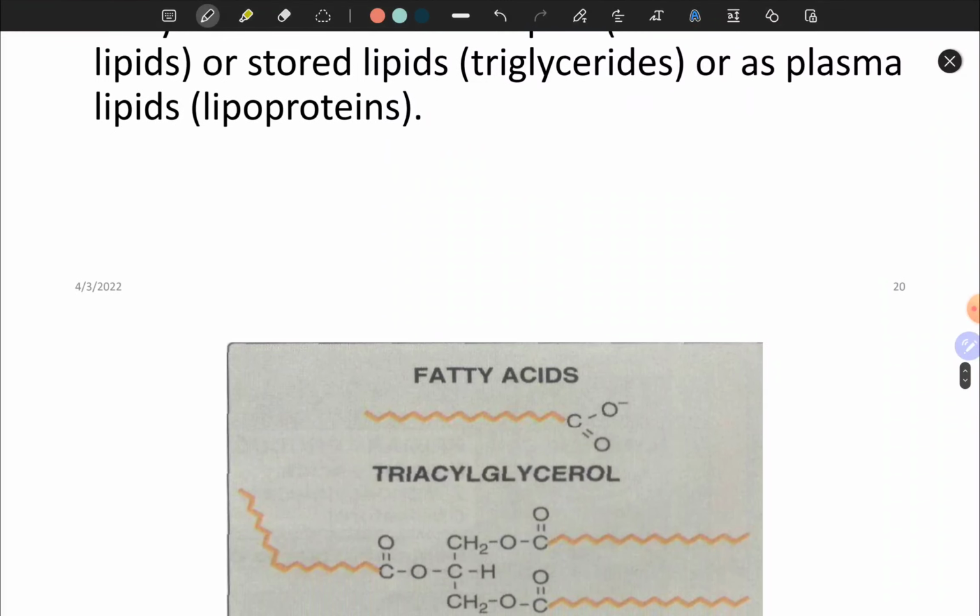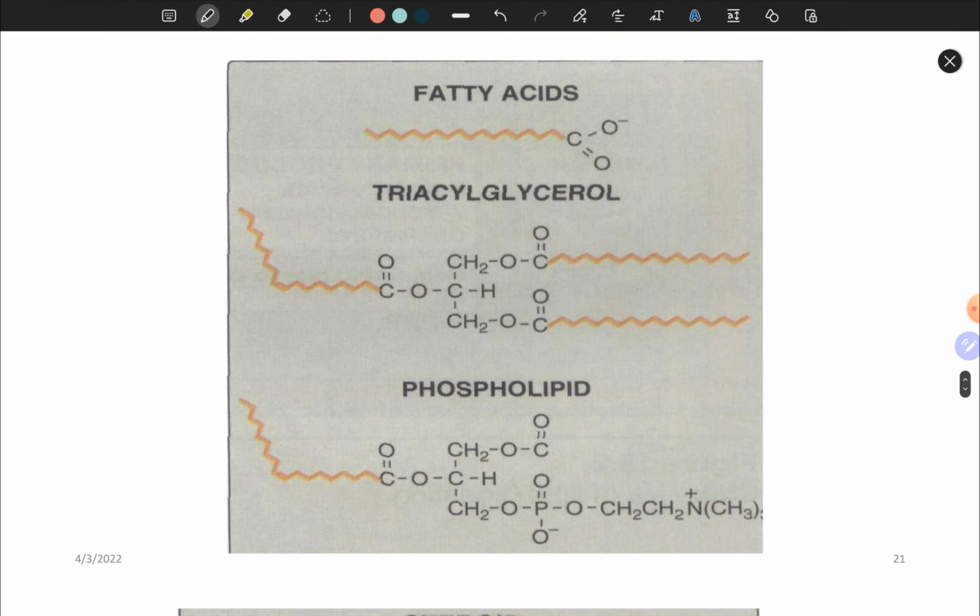These are structured just for simple memorization. You see, we have different types of fat in the blood.